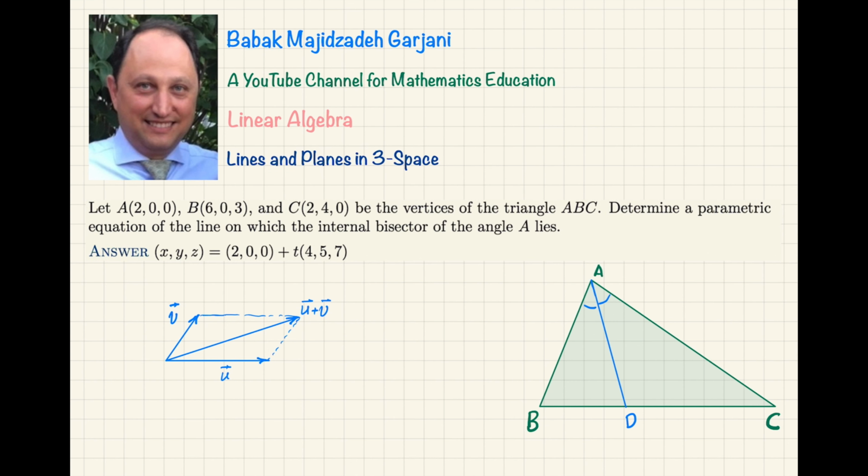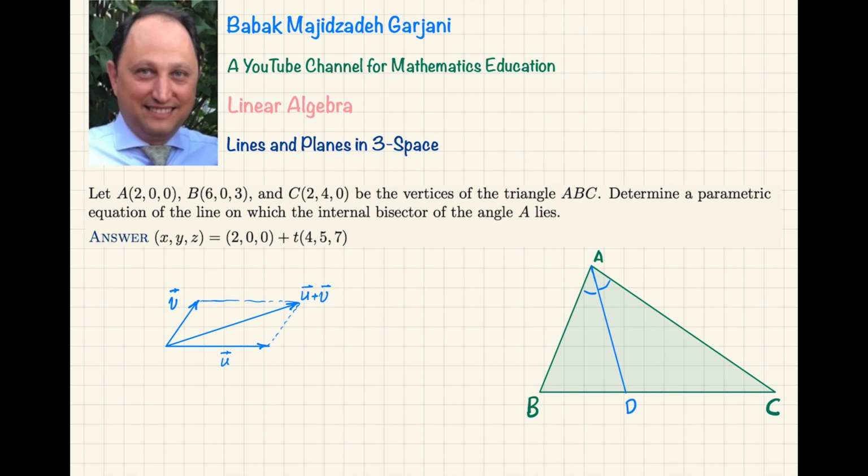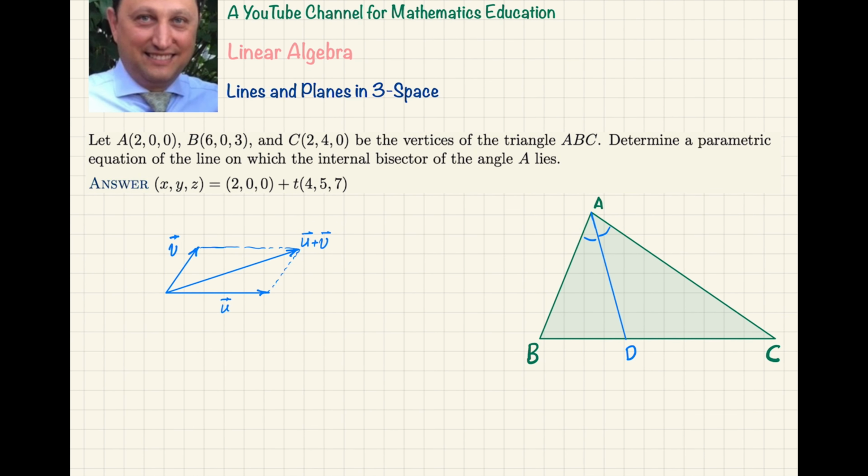Of course, there is no guarantee that this vector u plus v bisects the angle between the vectors. For example, it is clear in this picture that this angle is smaller than that angle. But if the vectors that I start from have the same length, then this parallelogram actually becomes a rhombus. So let us consider this case.